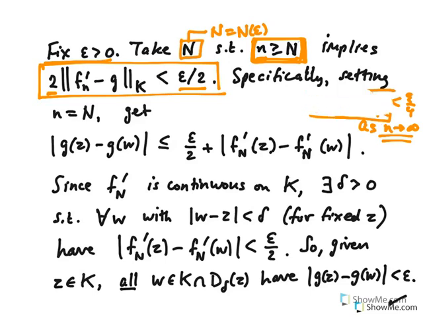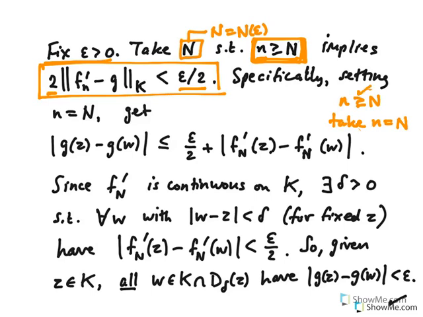Now, we can also be a little more specific. Instead of having little n be an arbitrary number bigger than or equal to capital N, I can just take little n to be capital N, because that does satisfy this inequality.